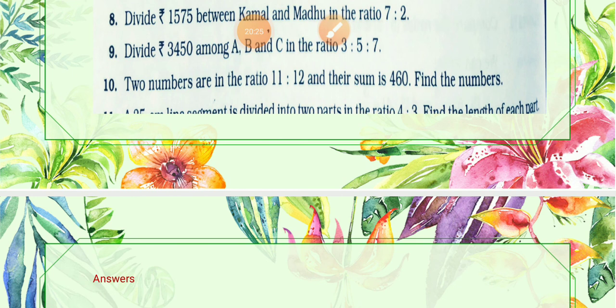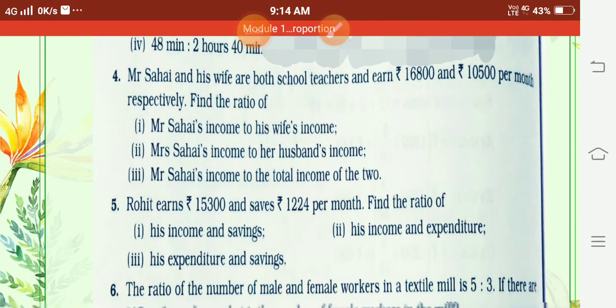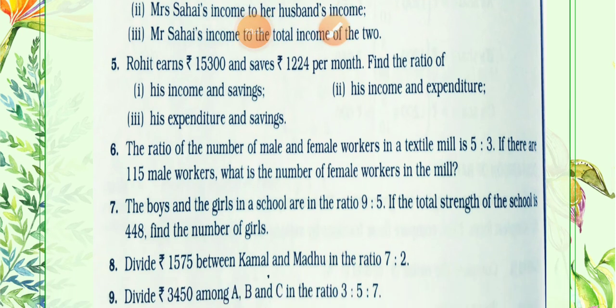So just divide it by the sum of the 3 ratios and multiply it by 3 to get the part of A, by 5 to get the part of B, and by 7 for the part of C. We get all the answers. So students, this is for the answering page. Solve and get your perfect answers. More details we will discuss in our online classes. Regular practice.